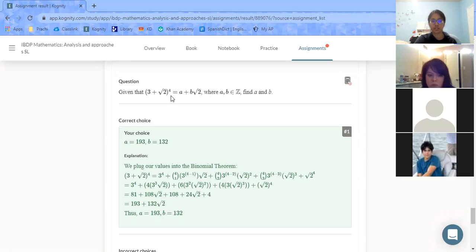Because there are no variables, you can actually solve this out all the way. The only thing you have to do is leave square root of 2 as it is. So you basically just treat square root of 2 as if it's a variable because it says to have that in the answer. So make sure you don't actually take the square root of 2 and then multiply by 132. You have to leave square root of 2 as it is.